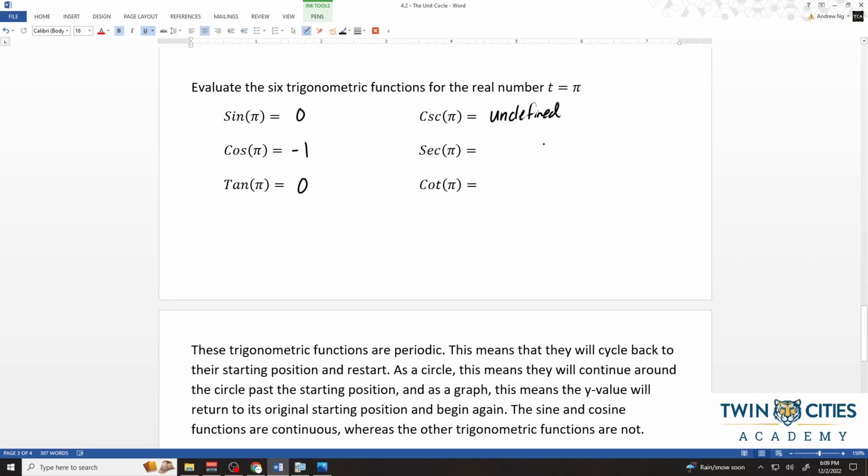We can say the same thing for the cotangent. If the tangent is 0, then the cotangent is undefined. And for the secant, well, the cosine is negative 1. Think of that as negative 1 over 1. Flip that upside down, it's still negative 1 over 1, so the secant is negative 1.